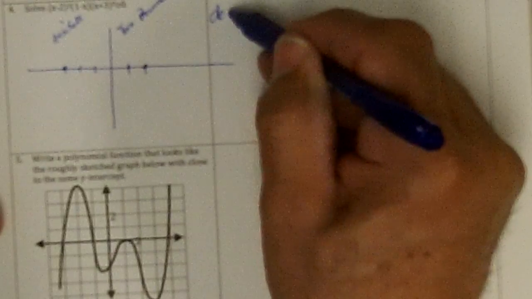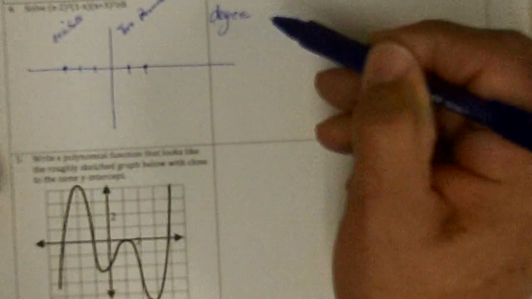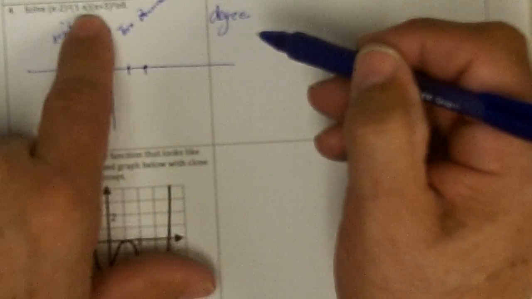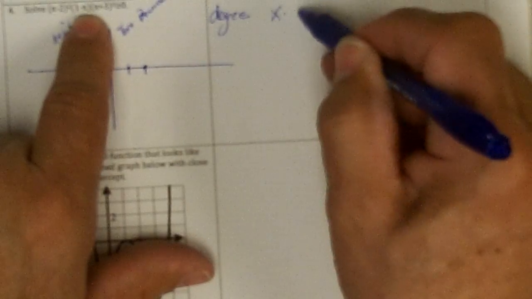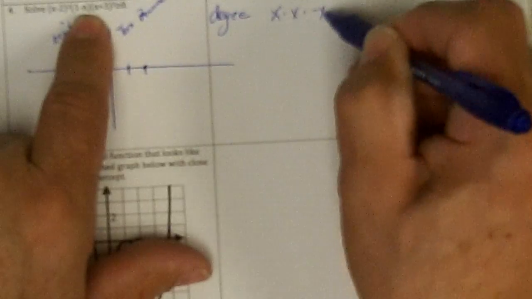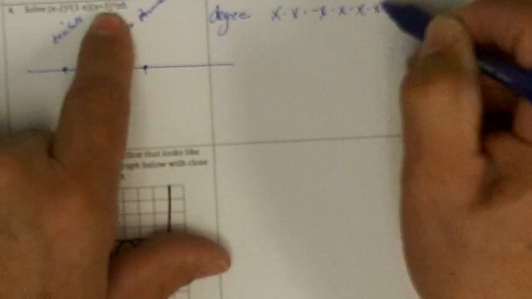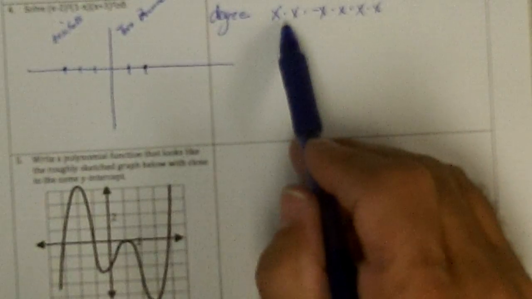Okay. And this is what degree? Well, we have x times x from the square times a negative x times x times x times x, because it's cubed on that last one.